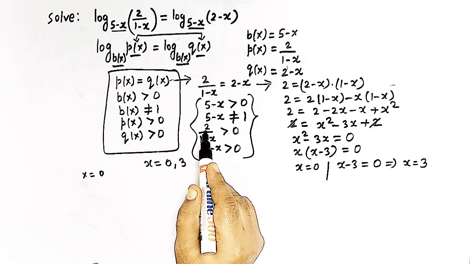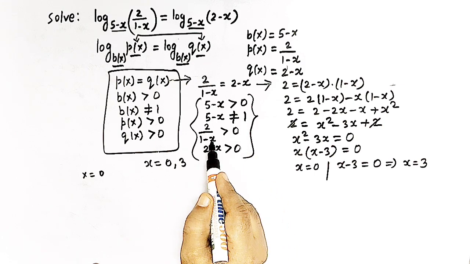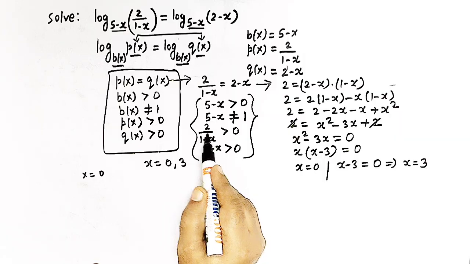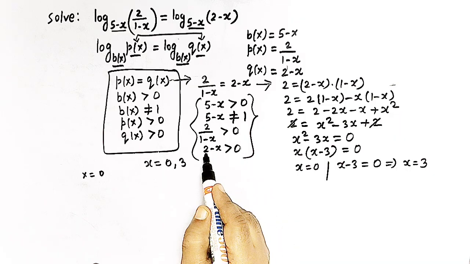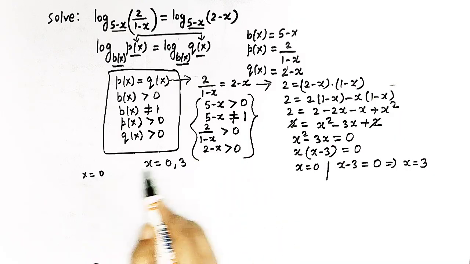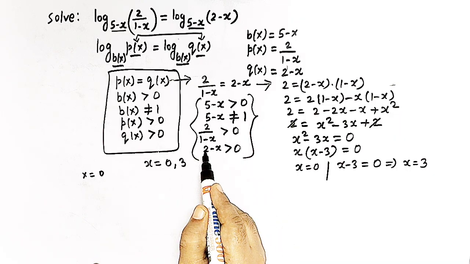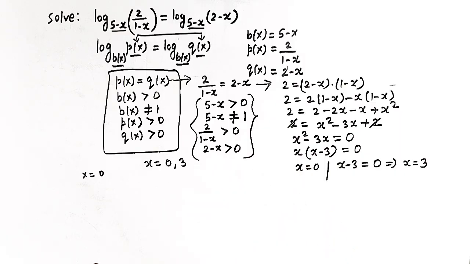And here also we have 2 over 1 minus 0, that is simply 2, and 2 is clearly greater than 0. And here also when we take x is equal to 0, then we have 2 is greater than 0, which is a true statement, right?